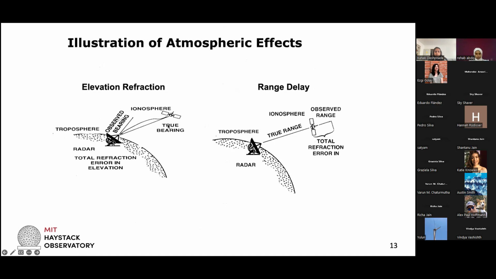That's because it's bent, both due to the troposphere and the ionosphere. When you get the returned signal, it looks like the satellite is at a higher position in the sky than it truly is. And you have to account for it when you're doing that measurement, or you'll have the wrong place.